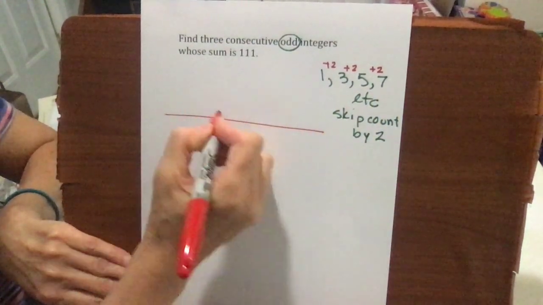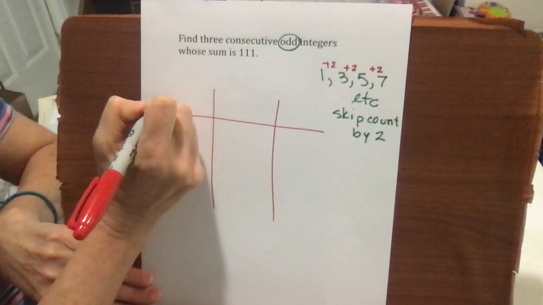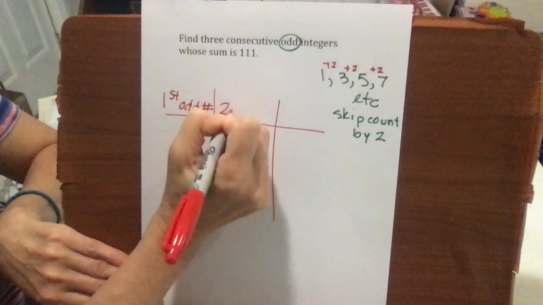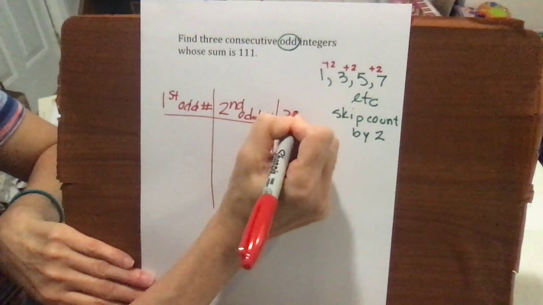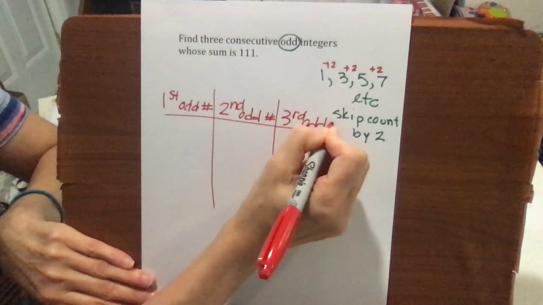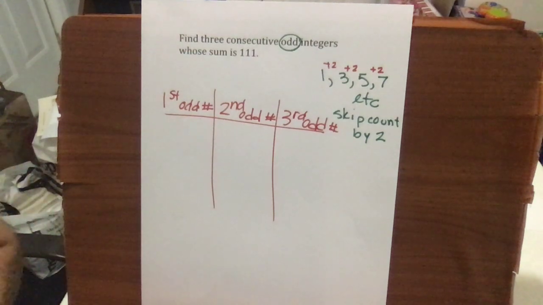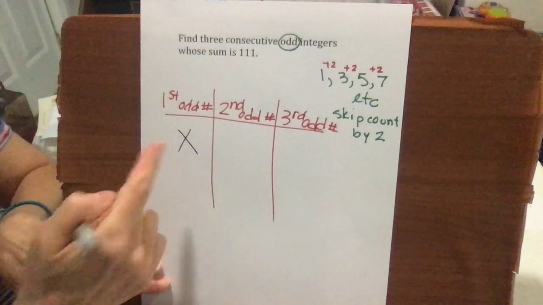So let's build our table. We have 3 consecutive odd integers. So the first odd, the second odd, and the third odd. The first one, we don't know. We don't know any of them, so the first one is the real unknown one. We make it x.